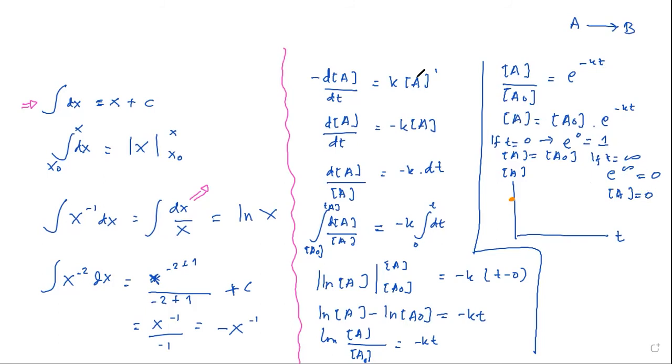So the concentration of A will be 0 if the time is infinite. So it will be like this. This is the first order reaction graph between concentration and time. So that's why the shape of the curve will be like this.